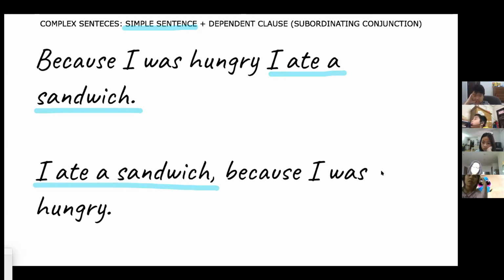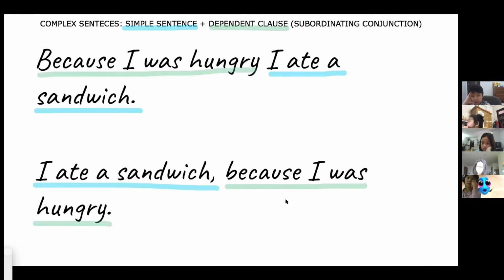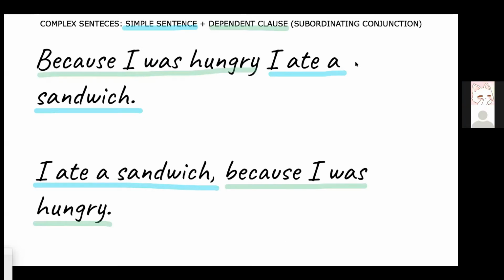Okay, so remember, a subordinating conjunction starts our dependent clause. So because I was hungry is our dependent clause in both sentences. Good job. Okay. Hen, what is our subordinating conjunction in both sentences? Because. Okay, because is our subordinating conjunction.